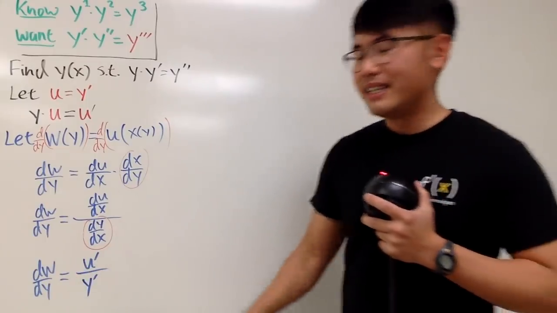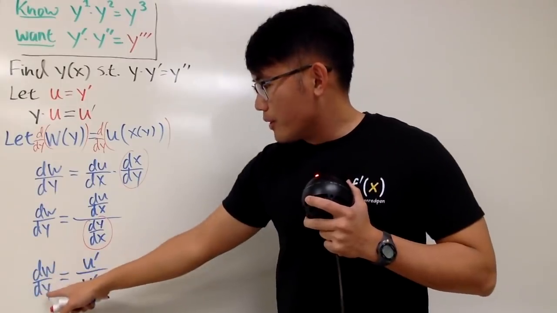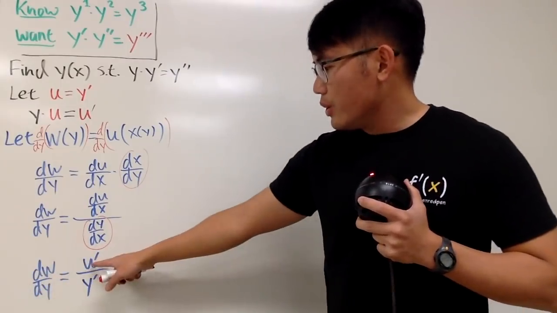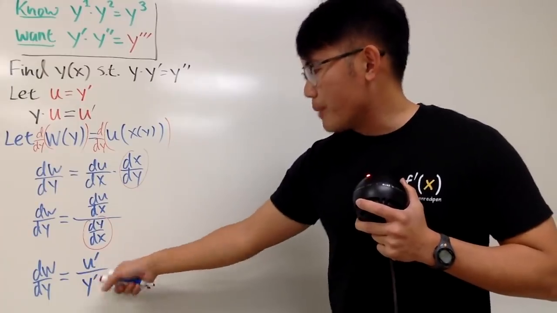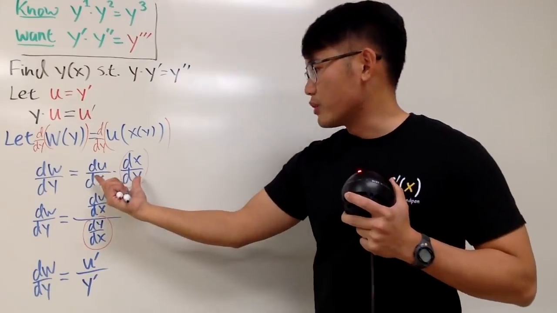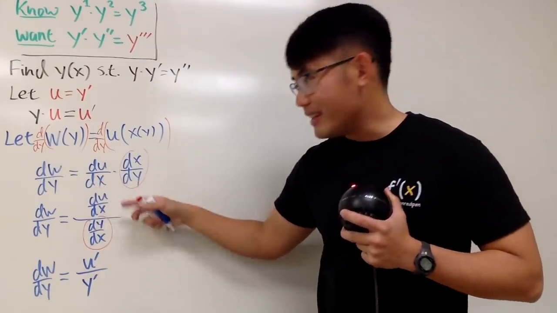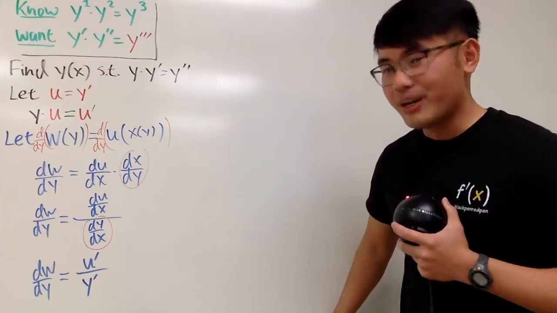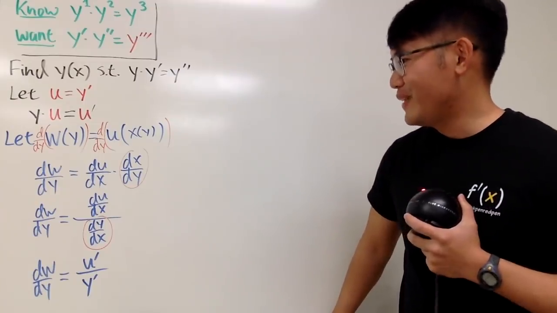Again, dw over dy is u prime over y prime. You started from the chain rule, and then you get that. So that's cool, huh? Very nice.